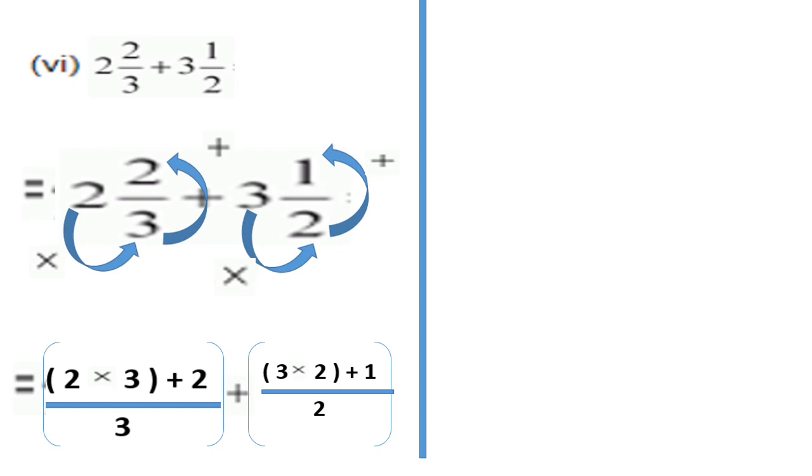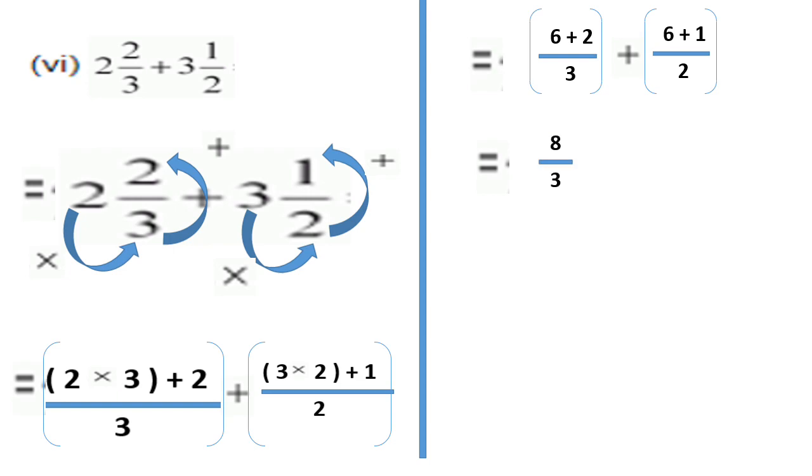Okay, next line, solve these two things. 2 into 3 is 6, 6 plus 2 is 8. So 8 by 3, 3 into 2 is 6 plus 1 is 7 by 2. So I will write 8 by 3 plus 7 by 2 like this.